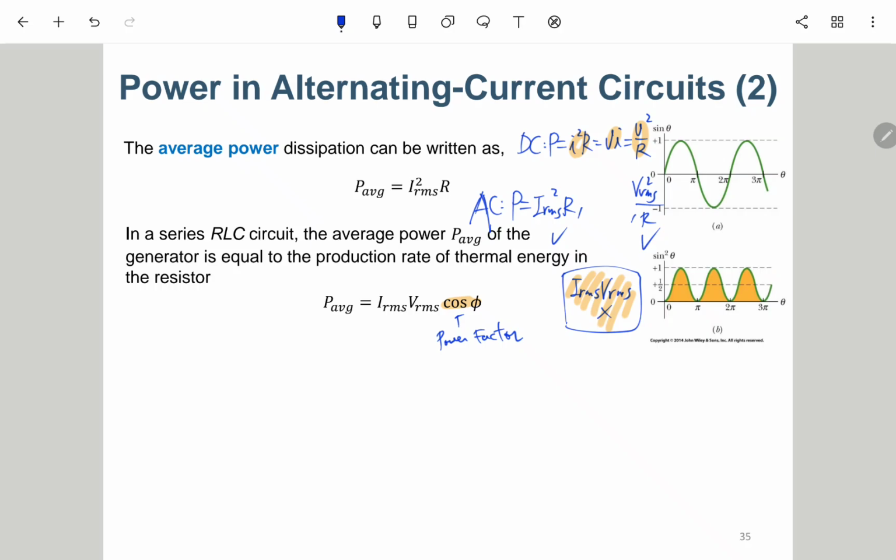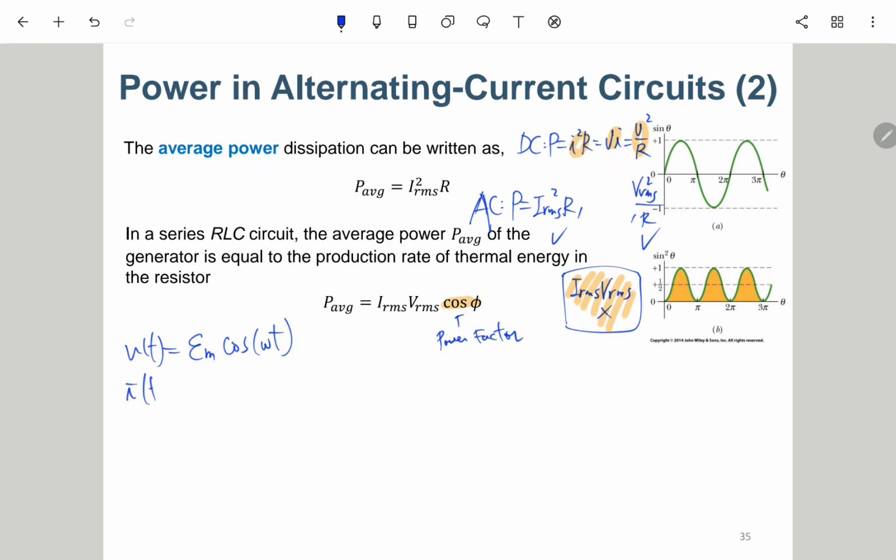The idea here is that we have a V(t) which will be E_m and then cosine of omega t, something like this.